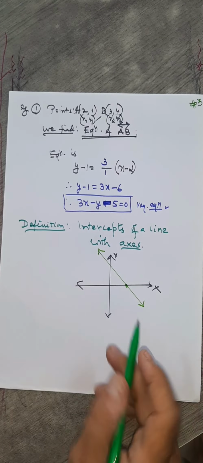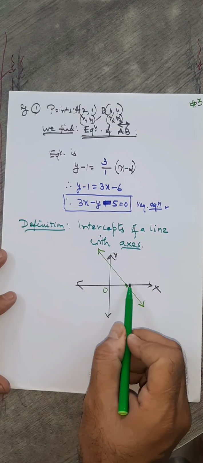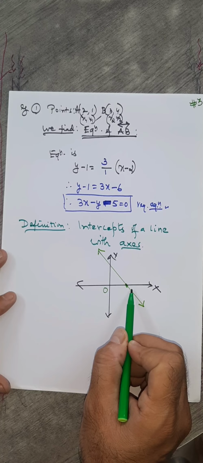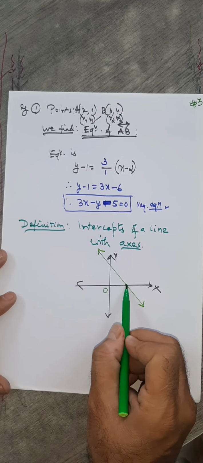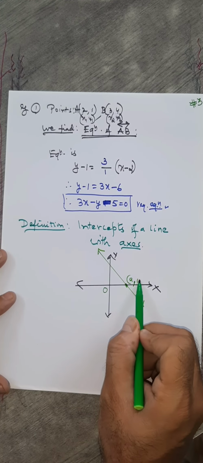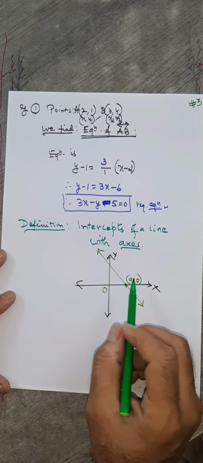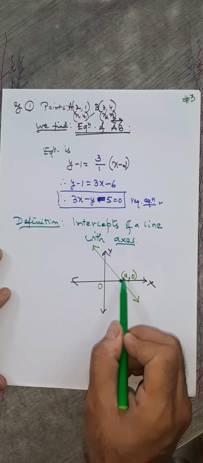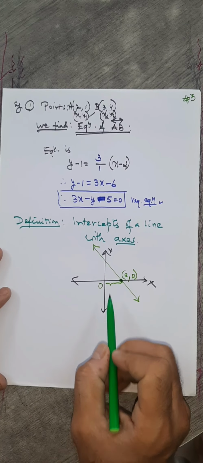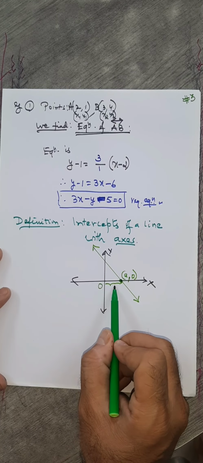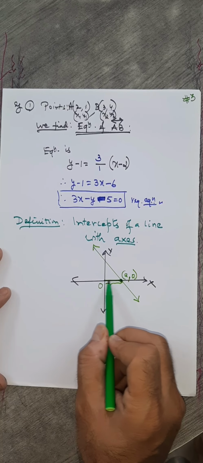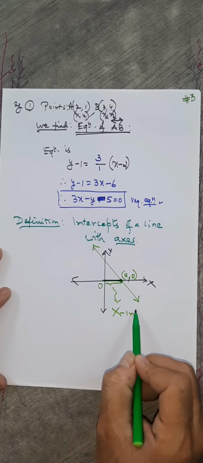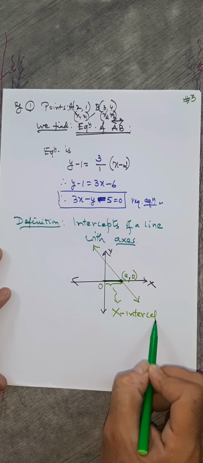Now this point depends upon its distance from the origin. If this is 2 units, for example, then this is 2, 0. Suppose this is a units, then it will be a, 0. On the x-axis here, the y coordinate is 0. Right. So what is this small a? That is this distance. So this is called the x-intercept, distance from the origin. This is known as the x-intercept. Which intercept? X-intercept.